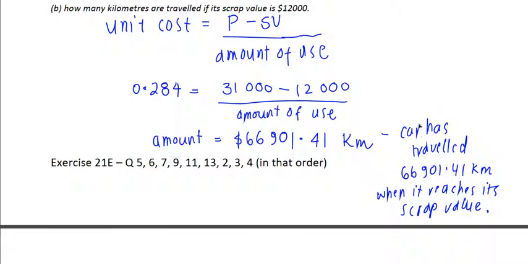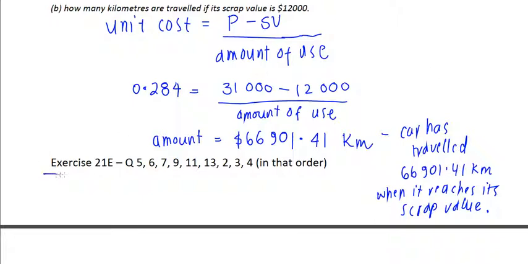So it gets to that when it's worth $12,000, he might like to sell it at that point, because beyond that, perhaps the taxi will start to need repairs. So he will sell it for a good price at $12,000, and at that point, it's only done the 66,901 kilometres, which isn't too bad.